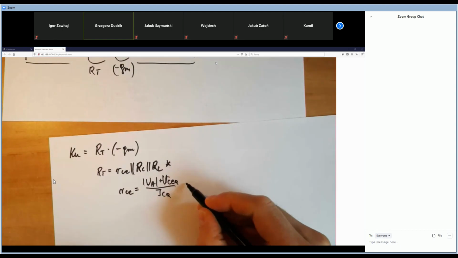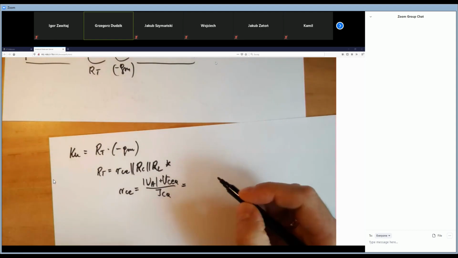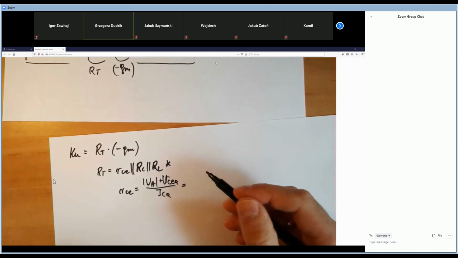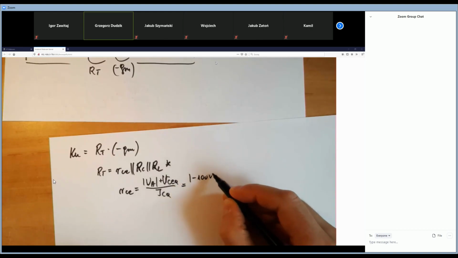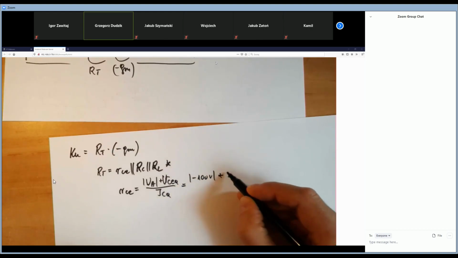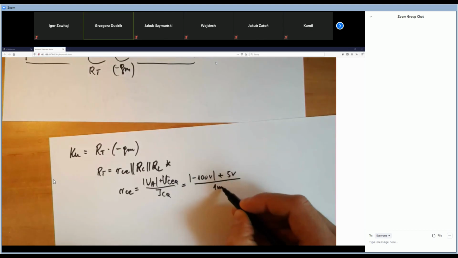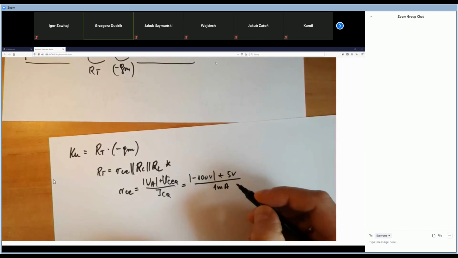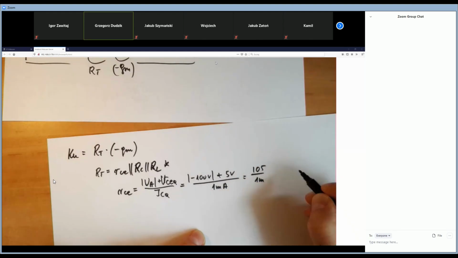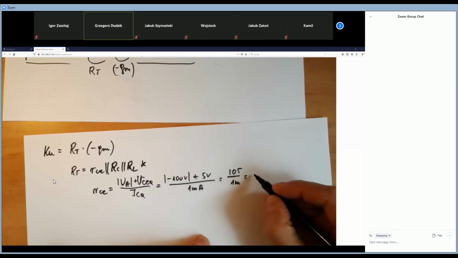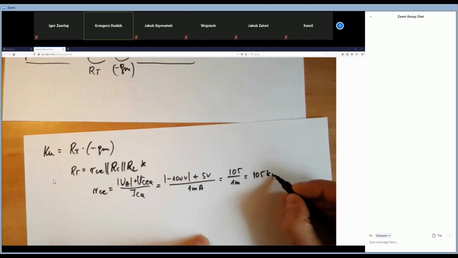So we can calculate it very fast. This is the minus 100 volts plus 5 volts over 1 milliamp. So this is 105 over 1 milli. As you see, this is 105 kilo ohms.